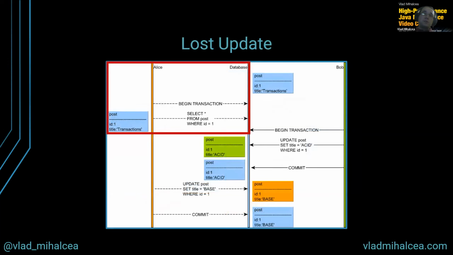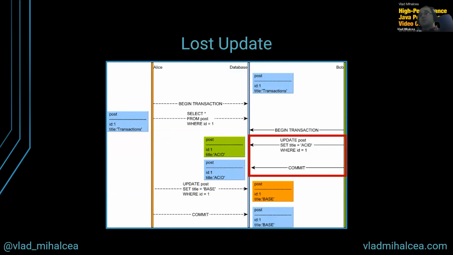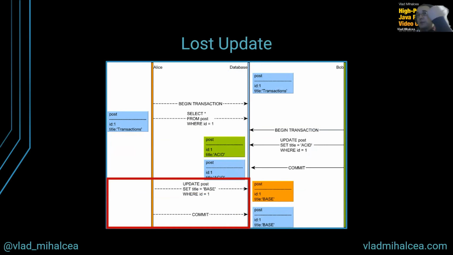And the last anomaly is the one that I showed you, generated by the transfer issue that we had before. At the moment when I'm doing my modification, someone has already modified the record, and now the state is no longer the one that I read.